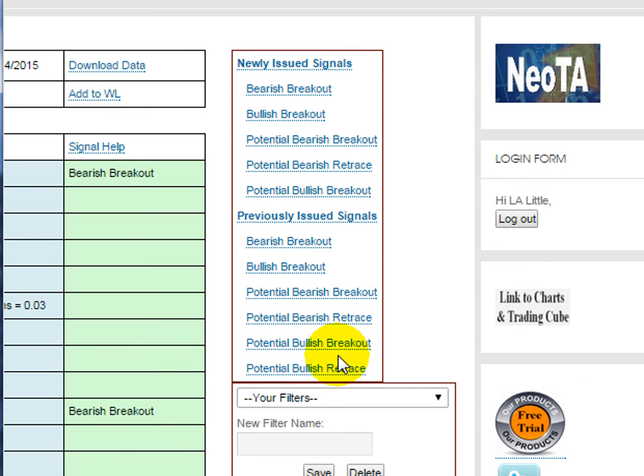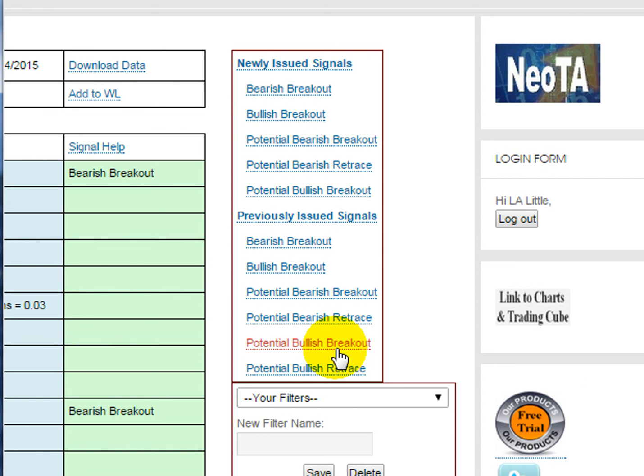And they don't always appear, right? For example, the previously issued are any signals that were issued previously that are still in effect but weren't issued yesterday, in today's signals. So these are existing ones, and in this case we had some potential bullish ones today.